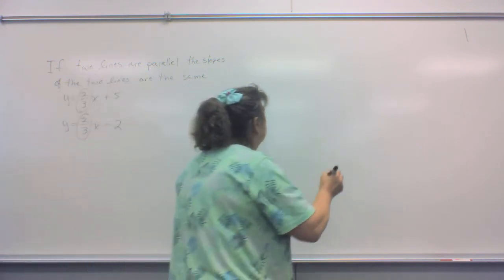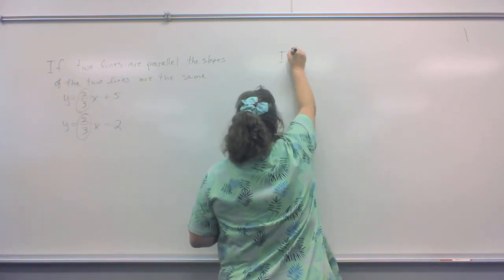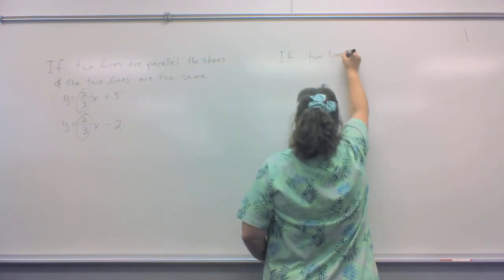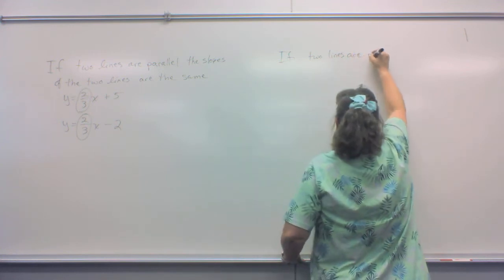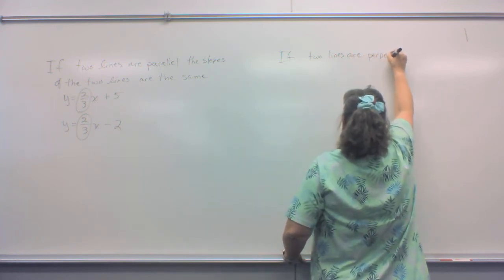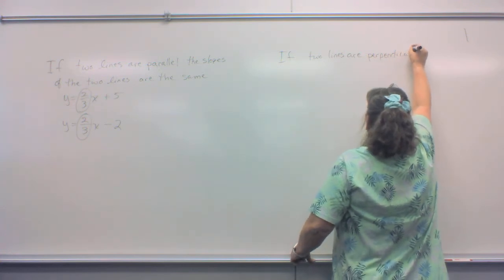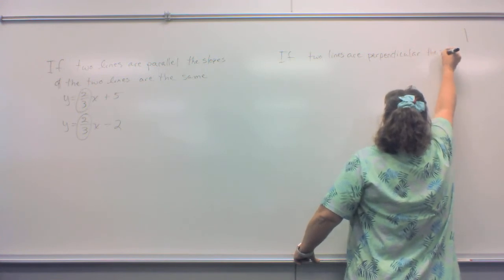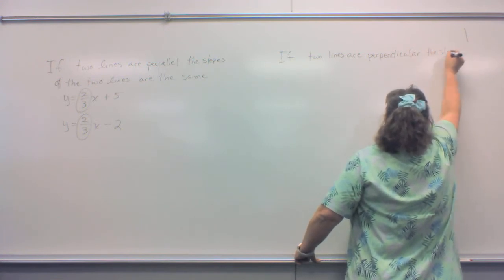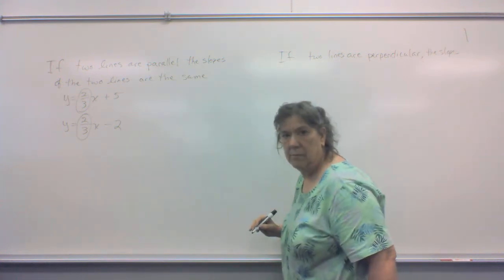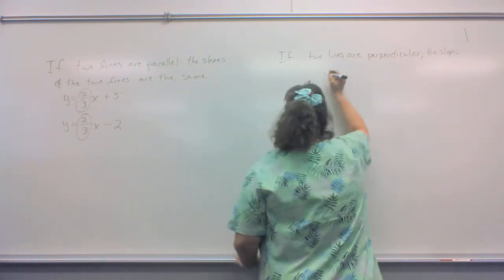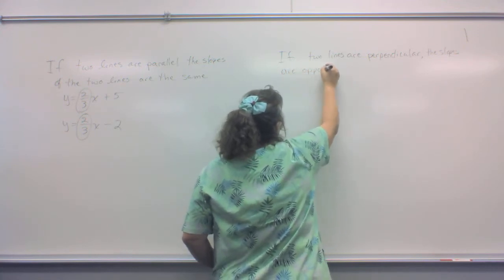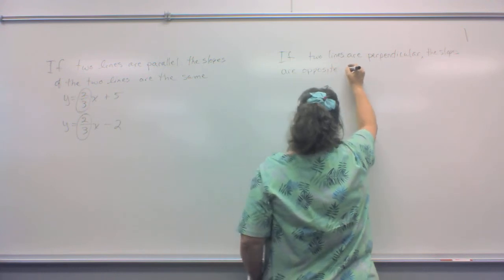So the next one. If two lines are perpendicular, the slopes are opposite reciprocals of each other.